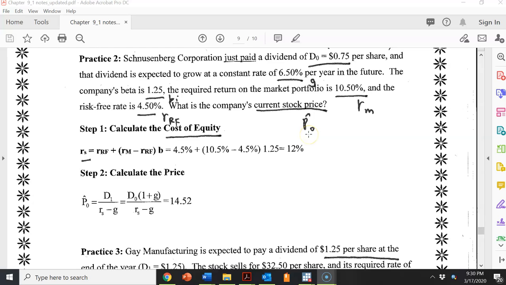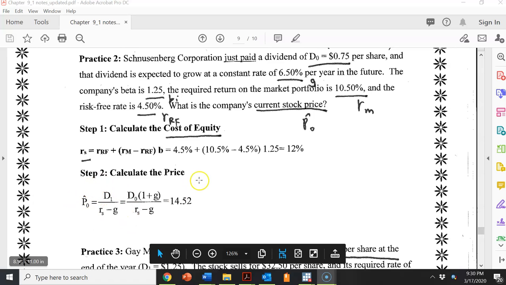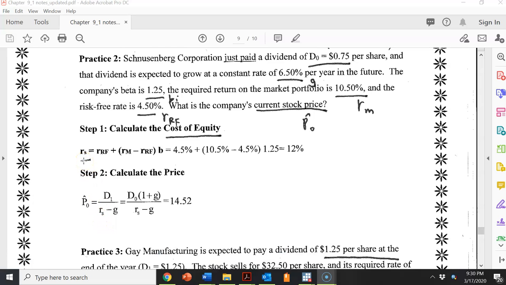P0 hat. From this question, we know D0 and G, so we can probably use the constant growth model to estimate P0, but we don't know R. So we need to use CAPM first to calculate R, the cost of equity. It is the risk-free rate plus market return minus risk-free rate multiplied by beta.